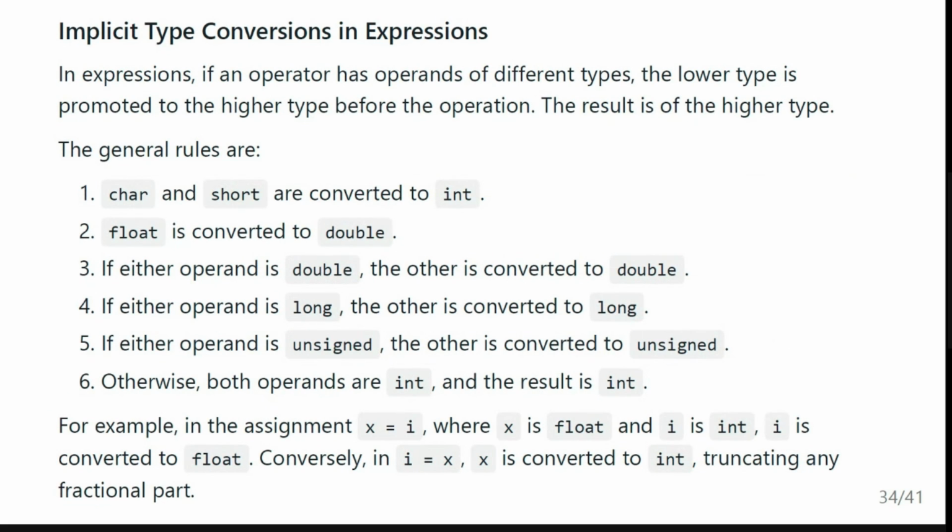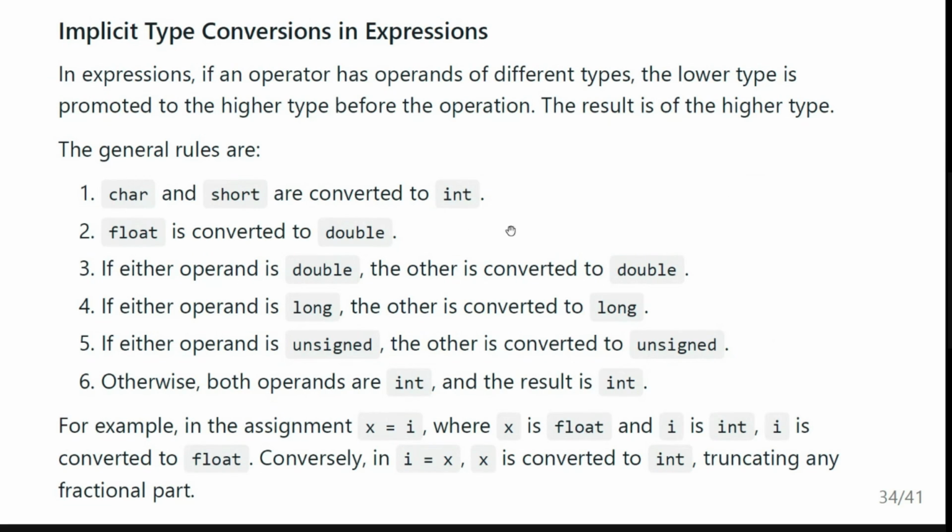So there are more rules in terms of converting types in an expression. One is, in addition to the character, the short will also be converted into an integer. Float will be converted to double, but the basic idea is you always use more bits to represent a value when you compare it to the other one, so as to be as accurate as possible.